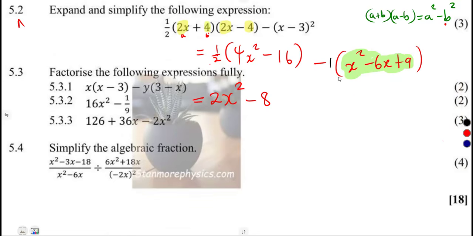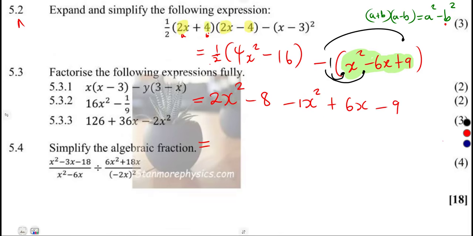Negative 1. So that's negative 1 times x squared, negative x squared, or negative 1x squared, if you want to write it that way. Negative 1 times negative 6, that's a positive. Negative, negative, positive. Negative 1 multiplies positive 9. It is going to give us what? A negative 9 at the end.